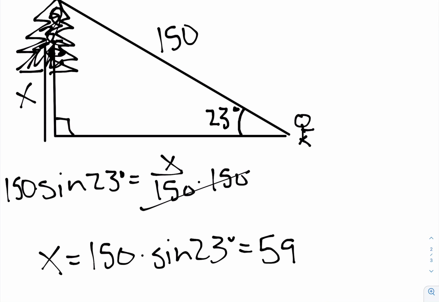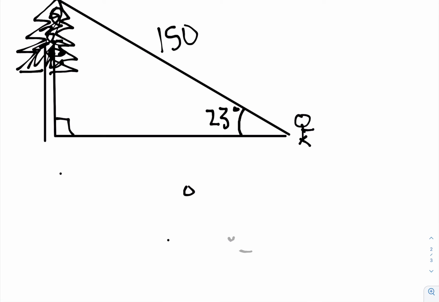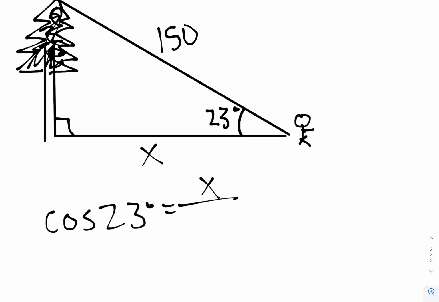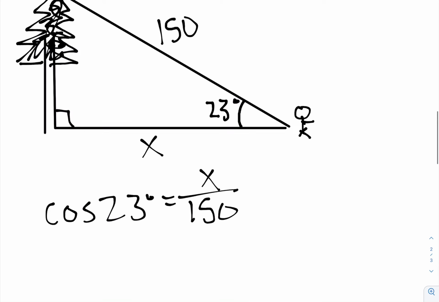Okay, and we could also use the cosine function. Maybe we knew that the rope length was 150. Maybe we wanted to find the distance from the person to the base of the tree, like we did last time. But now we know the hypotenuse of this triangle. So this will be the cosine, right, because we're dealing with A and H. Cosine of 23 degrees is going to be x, our adjacent, over 150, our hypotenuse.